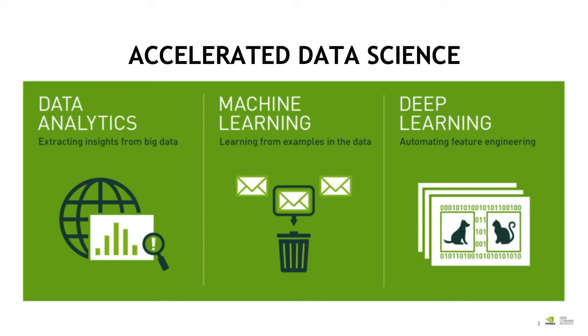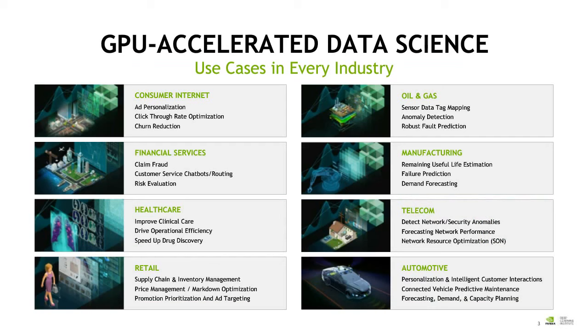We'll dig deeper into deep learning in a few minutes, but first, let's take a look at how deep learning fits into the broader context of GPU-accelerated data science with a few examples. Many companies, organizations, and even governments are realizing that accelerated data science can help them be more efficient and more effective.